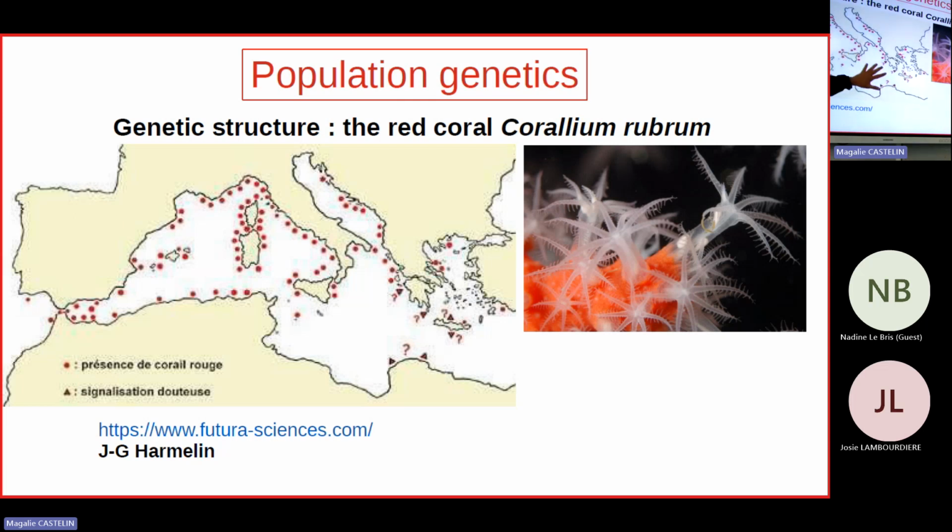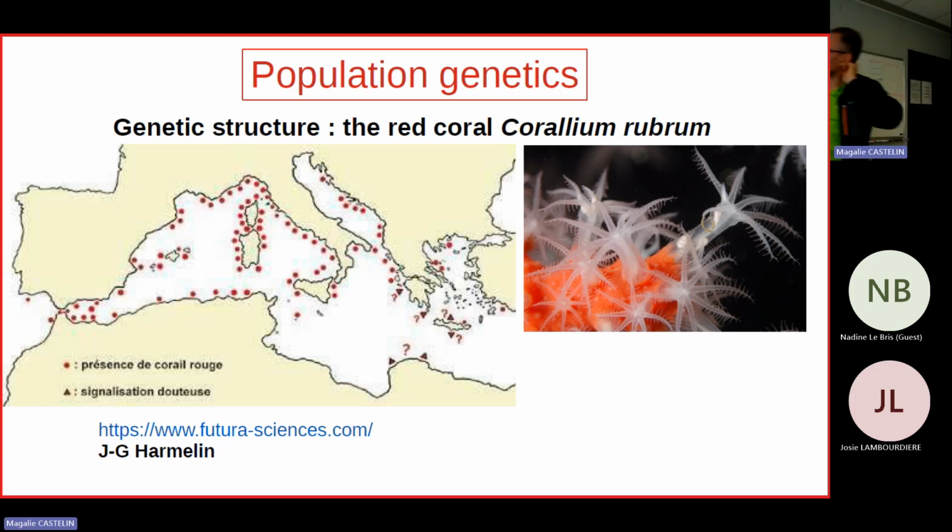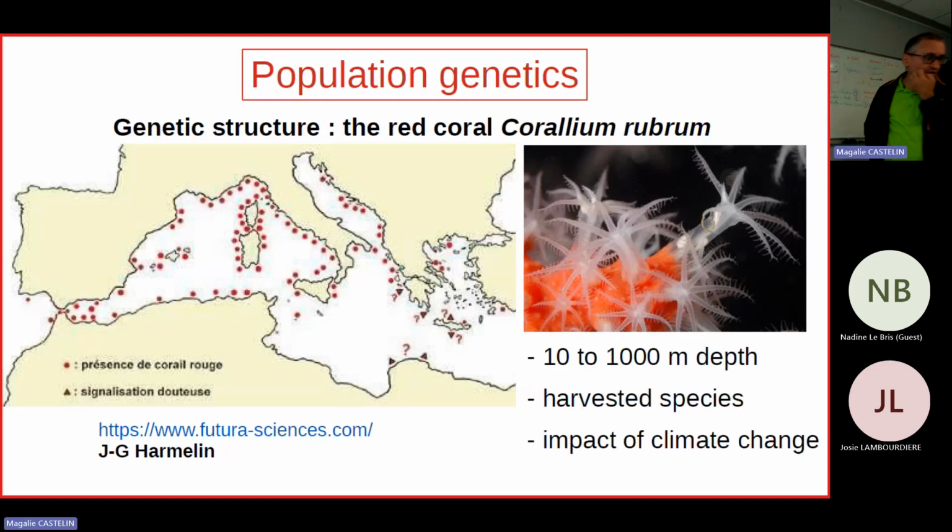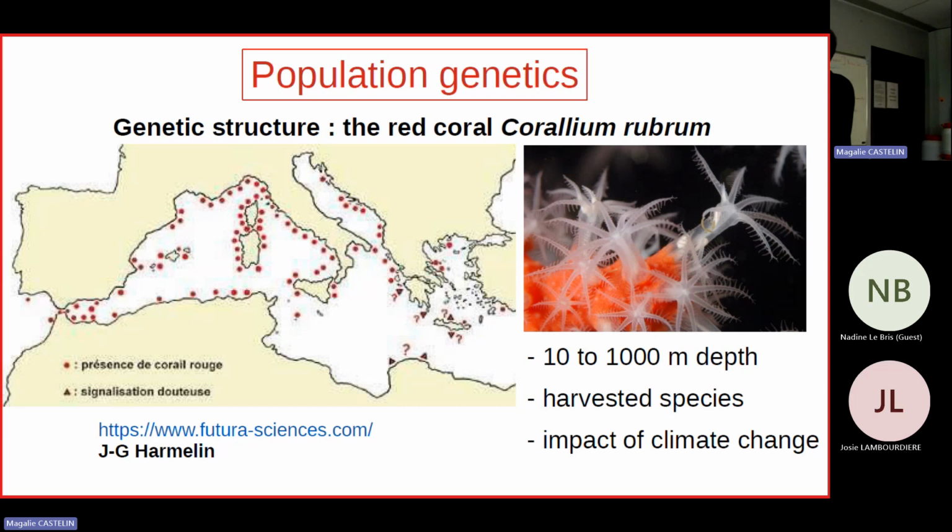So mainly Mediterranean and mainly Western Mediterranean, a few populations along the Greek coast, and one or two cases along the Turkish coast. This species is present from around 10 meters depth. This is what we have around Marseille, the shallowest populations for this species. The record is around 1,000 meters depth in the Mediterranean, but it's really rare at that depth.